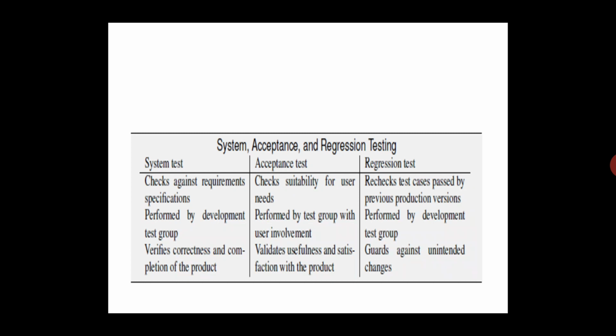So what is system testing? System testing checks against the requirement specification. Whereas acceptance testing checks suitability for user needs, that is, what exactly the user wanted, and whether the user is going to accept the product or not.